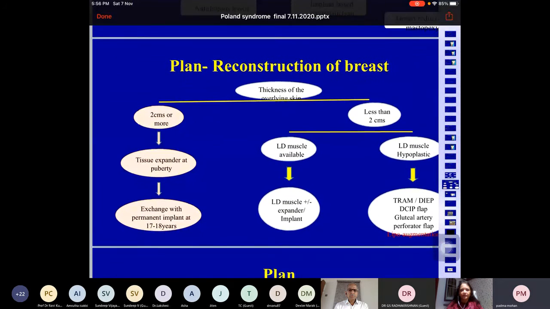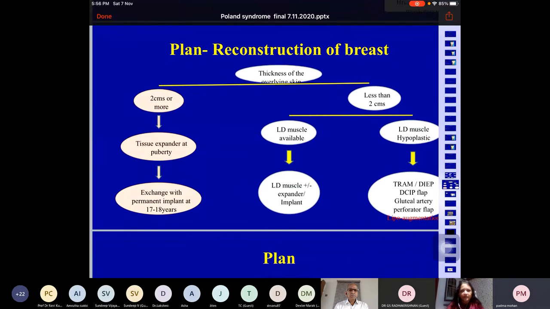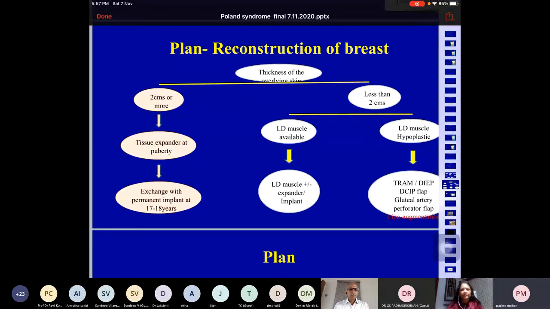In this patient, it appears that the overlying skin thickness is good enough. So if it is more than 2 centimeters, then we can directly put in a tissue expander and exchange it with a permanent implant at 17 to 18 years of age.